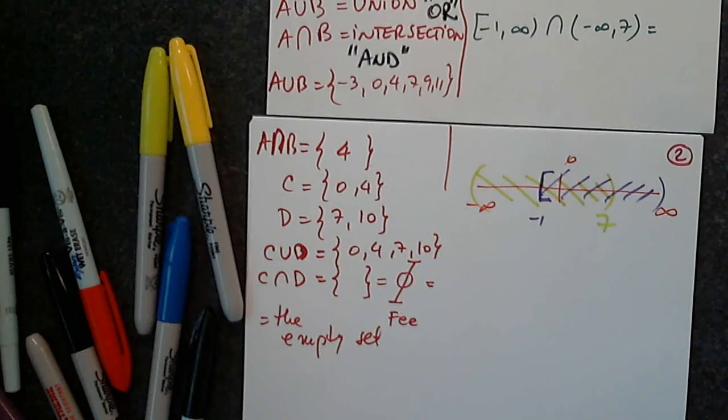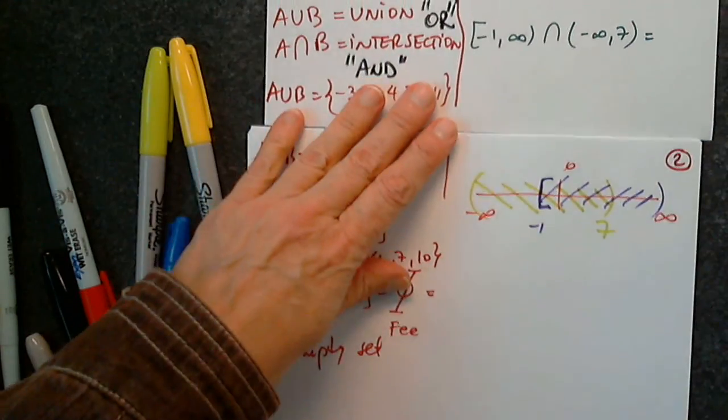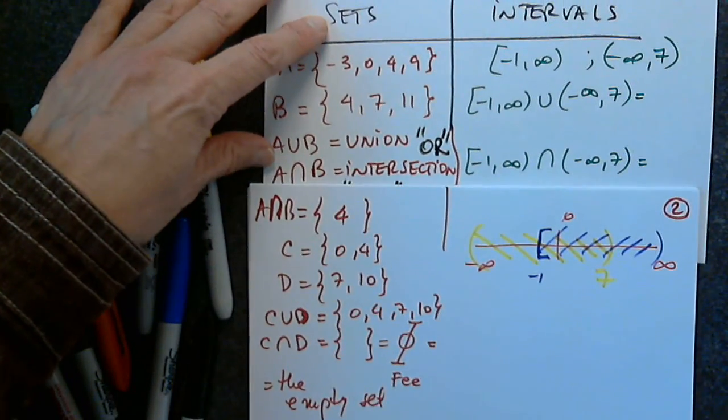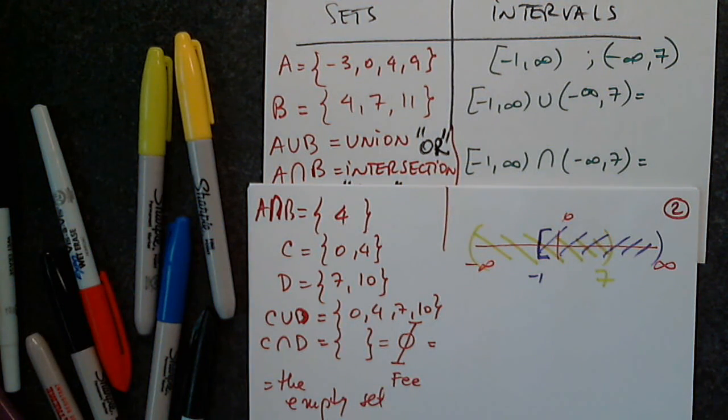Okay, so now I can answer both questions. Which questions? What is the union of these two? You have the yellow interval, and I have the blue or purple interval. It's purple but it looks like blue here. Remember what we do? We put everything on the table and see what we can share together, not what we have in common.